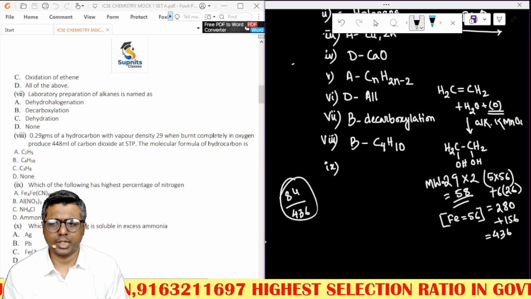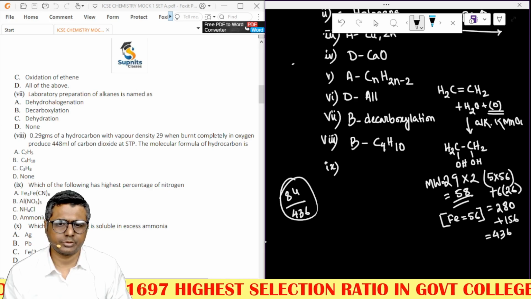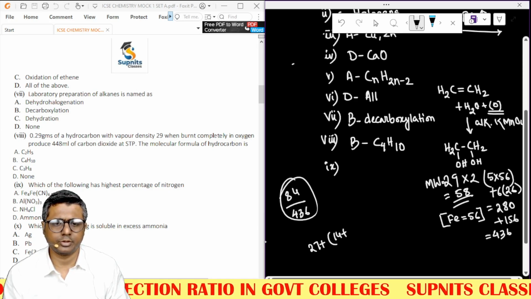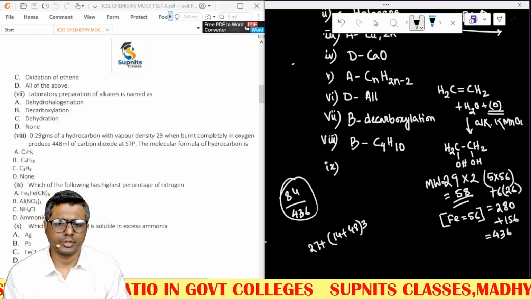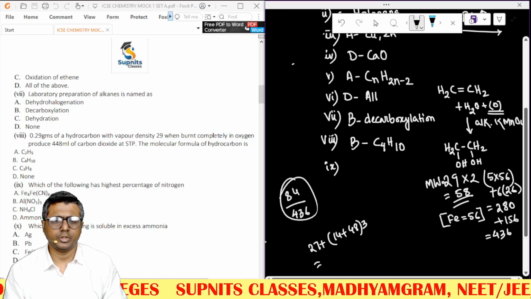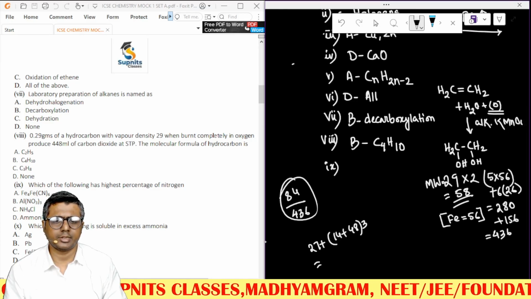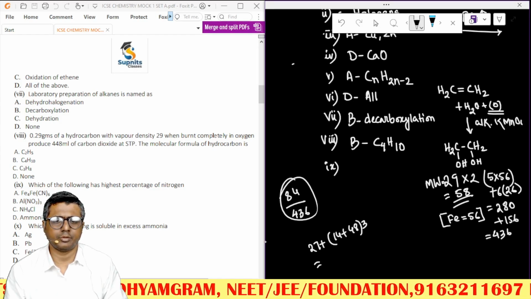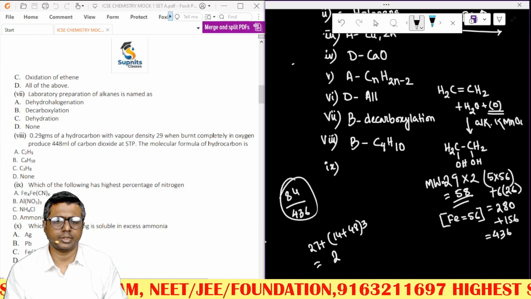I will go for aluminum nitrate also. Aluminum nitrate is 27 plus nitrogen 14, plus 16 into 3, 48, into 3, that is 27 plus 62 into 3, that is 186. Yes, 186 plus 27, that is 213.